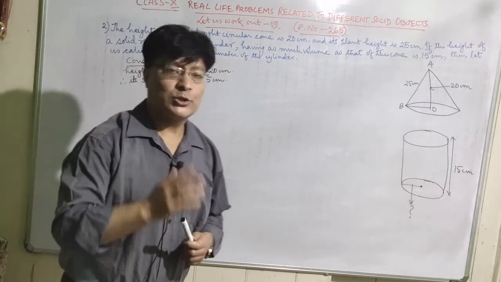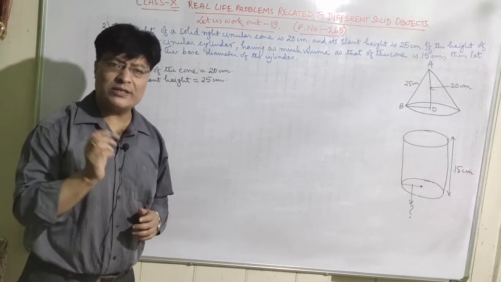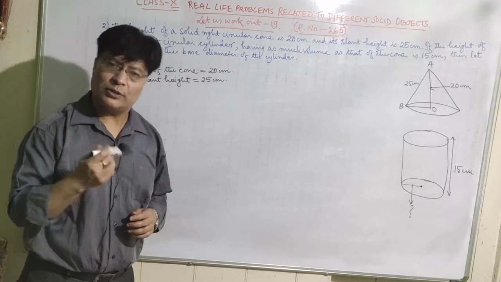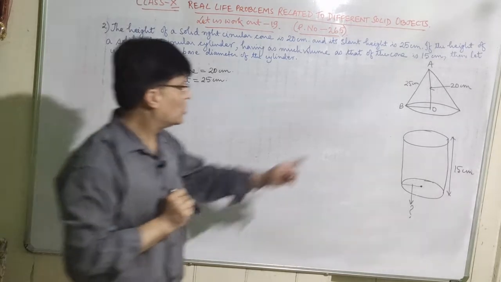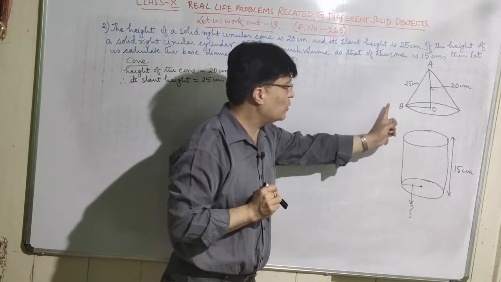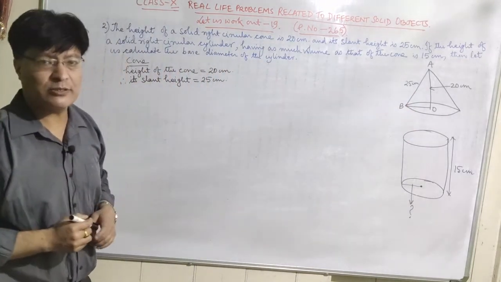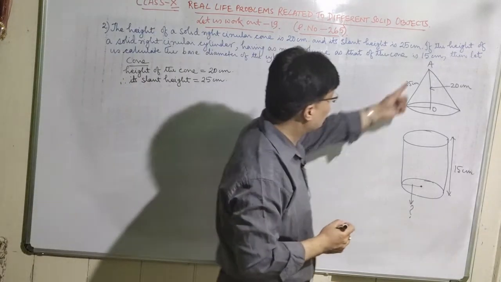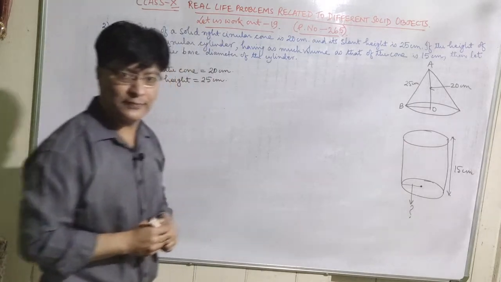Okay. So now in this case, you have to find out the volume of the cone. What is the formula for volume of the cone? You know that it is 1/3 pi r square h. We know the height of the cone, but we don't know the radius of the base of the cone. You have to find out the radius of the base of the cone. Okay. So you know that this AOB triangle is a right angle triangle, isn't it?